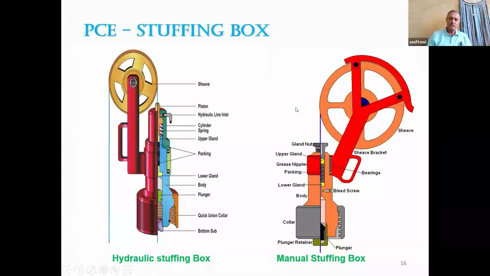Instead of the gland nut, it is replaced here with a piston and cylinder. So you apply pressure on the hand pump. This pressure goes into the hoses all the way to the piston. It pushes the piston down to do the same effect, to squeeze the rubber onto the wire again.